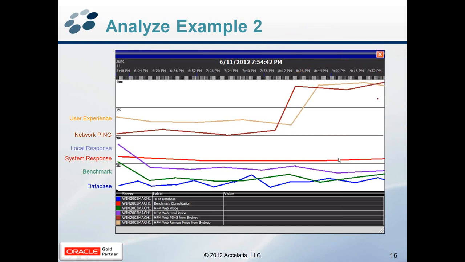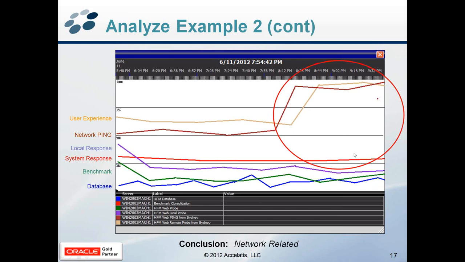Okay. Another example where all the other lines are the same, except now our network ping jumped in line with our user experience. Or what I should say is that our user experience follows a network drop in performance. In this case, if we were sitting on the server, our performance is good, or if we were sitting at that local site, our performance is good.